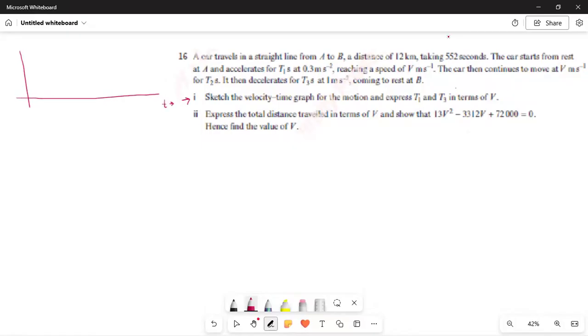So it says that the car starts at rest. So it means this is the speed in meters per second. Okay, so the car starts from rest, so it was zero.